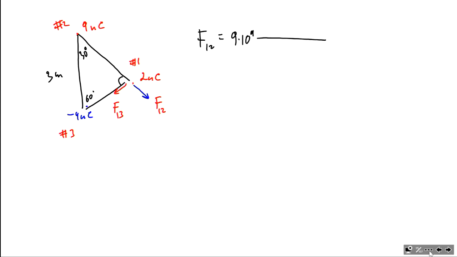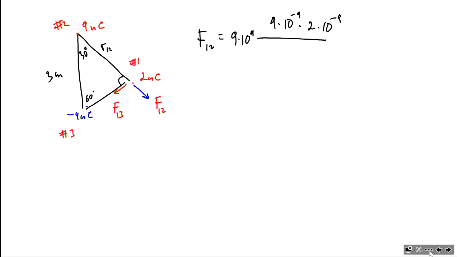Now, this little prefix nano means 10 to the negative 9. So this is 9 times 10 to the negative 9. And the second charge is 2 times 10 to the negative 9. And we have to divide by the distance between the charges, R1,2 squared. Well, we have to find it.